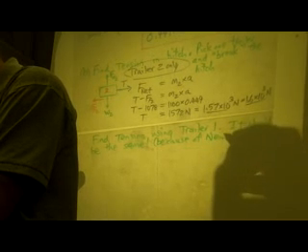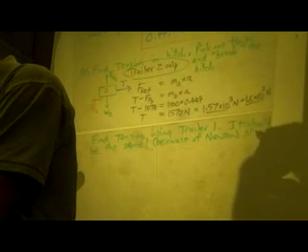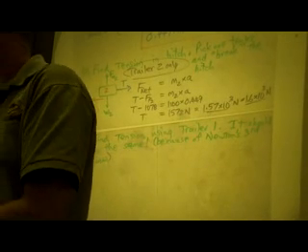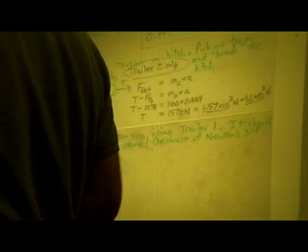And that's because of Newton's third law. For every force, there's an equal and opposite force. So we better get the same answer. If we don't, we know we've done something wrong mathematically.